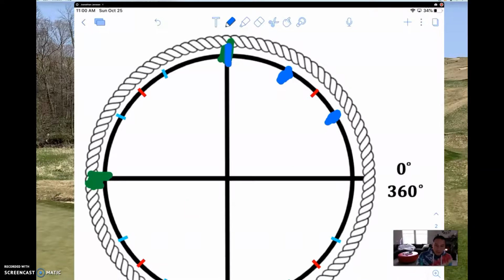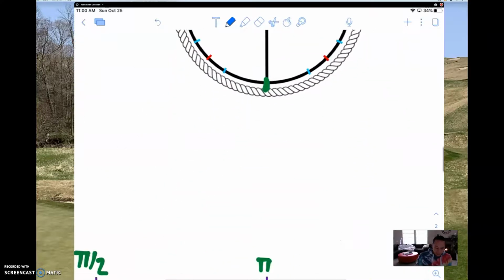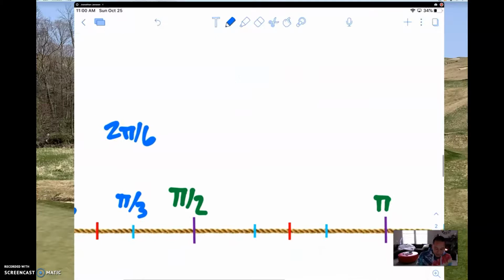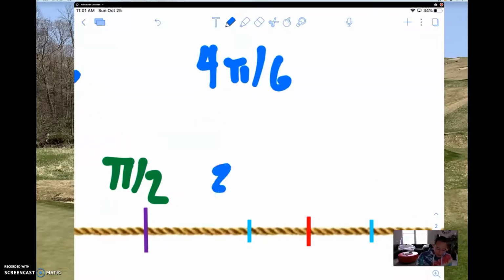Now, this one we already have, so we're going 1, 2, 3. This is 3 pi over 6, but we already reduced that to pi over 2, and we already have that. So now we jump another increment over here, so that next blue tick mark was 4 pi over 6, which reduces down to, if you divide the top and bottom by 2, it becomes 2 pi over 3.